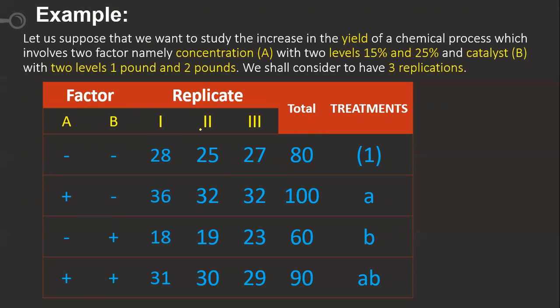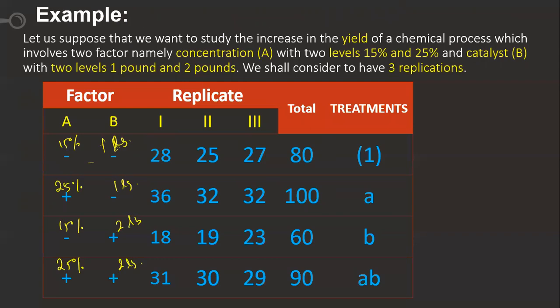Whenever A and B are there, here they have used 15% and 1 pound. Here they'll be using around 25% and 1 pound. Here they'll be using 15% and 2 pounds. Here they'll be using 25% as well as 2 pounds. That's the meaning of this particular thing.